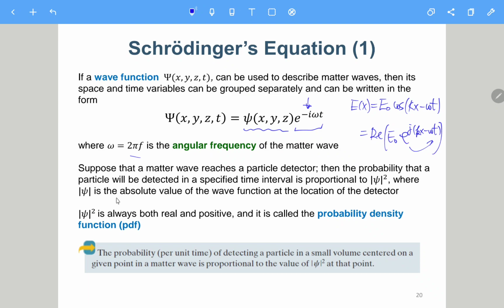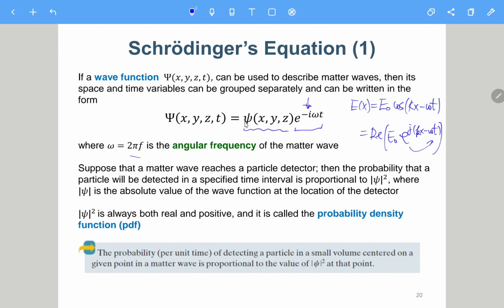So yeah, here is the absolute value of the wave function at the location of the detector. Okay, so this is always both real and positive, because you take the absolute value, even though the wave function could be a complex function, and usually is.